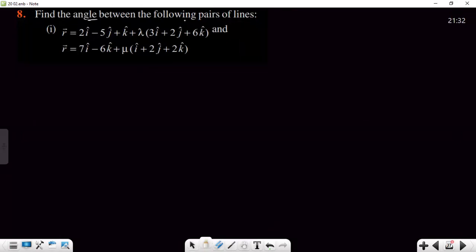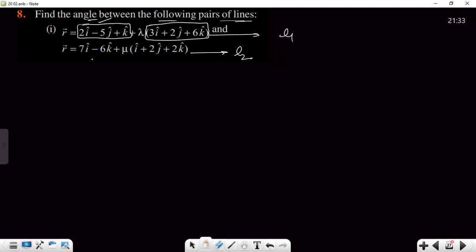We have to find the angle between the following pair of lines. This is the equation of line 1, the equation of line 2. See, this is the A part. This is the B vector, which gives us the direction, and this is the passing point.